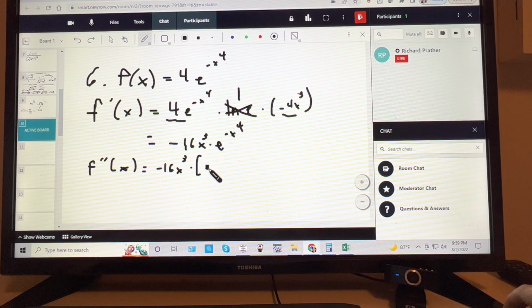First I write it down exactly as it is, times ln of e, which I'll skip, times the derivative of the exponent, which is negative 4x to the 3rd. First times derivative of the second plus the second, which is just that part, times the derivative of the first, which is negative 48x squared, using the power rule.